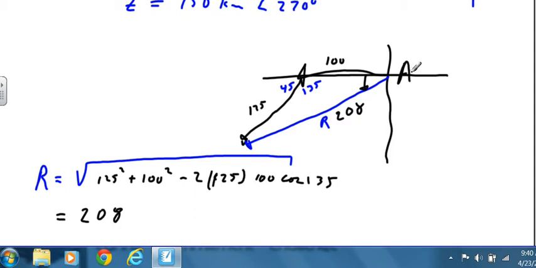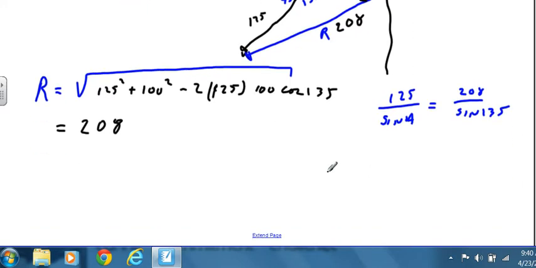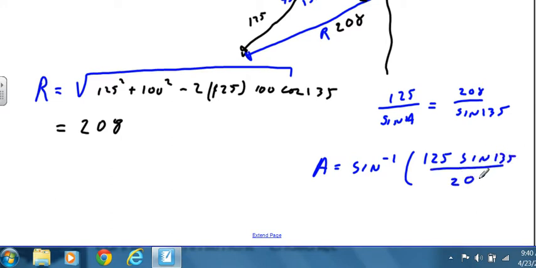Okay, we'll call that A. Okay, so using the law of sines, I have that 125 over the sine of A is going to equal 208 over the sine of 135. And I find that A is equal to the arc sine of 125 sine 135 divided by 208.